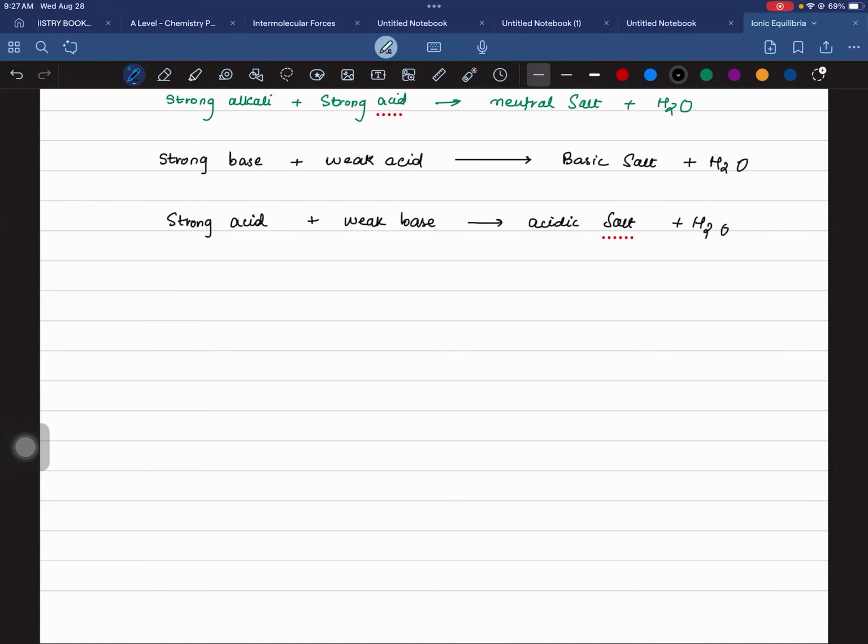Let's suppose I want to make ammonium chloride. Can anyone tell me, is this neutral salt, basic salt, or acidic salt?